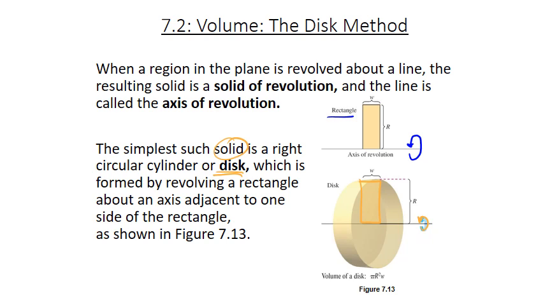So if I want to find the volume of this, the volume of a disk is found by taking pi r squared times the width. And that is shown to us right here. So let's analyze this a little bit more.